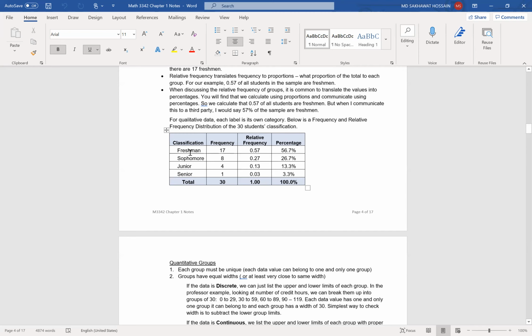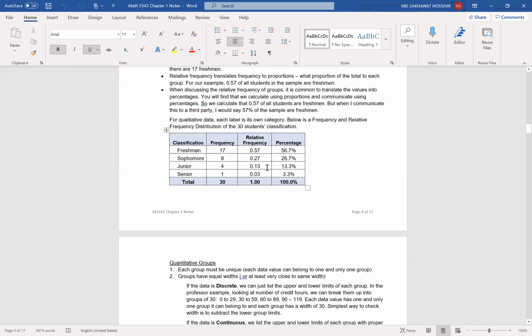So we have four groups, and this is the corresponding frequency. That means this is the number of freshman students, 17, and 8 is the number of sophomore students. This is called the frequency, that means how many times this is happening, or how many students we have in this group.